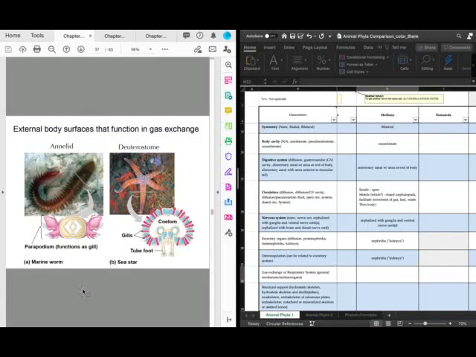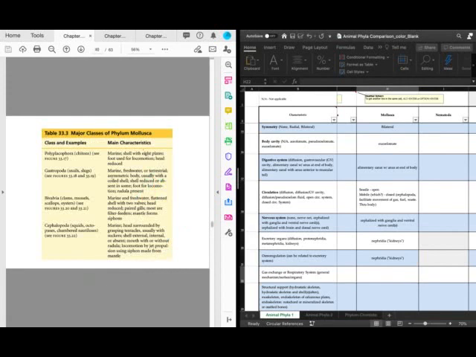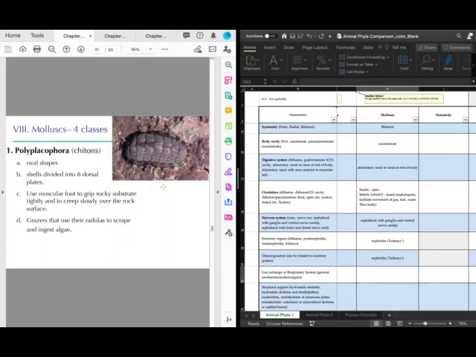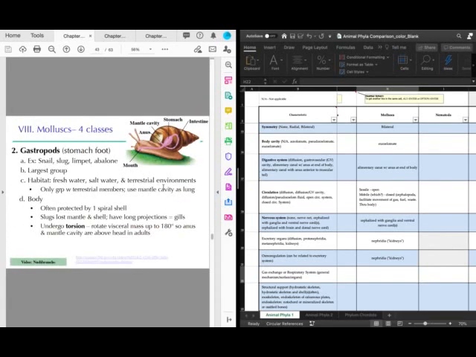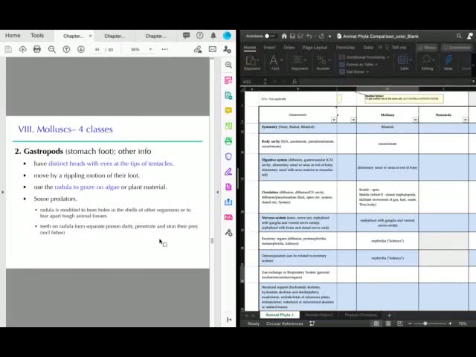So at least some gills. Locomotion, paired gills, suckers, siphon, the mantle. Gastropods.